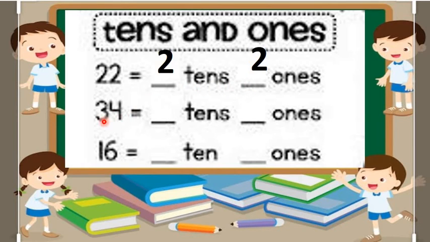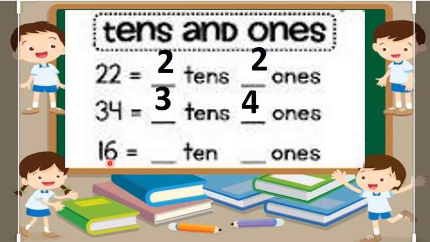Then we have number 34. So we have to write number 3 on the place of tens and number 4 at the place of ones. 3 tens and 4 ones. Next we have number 16.